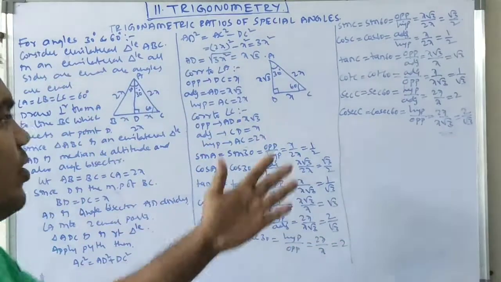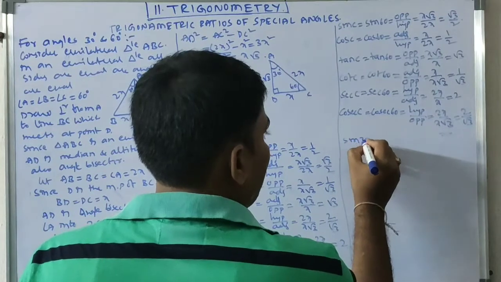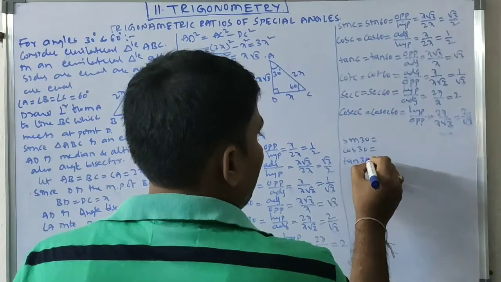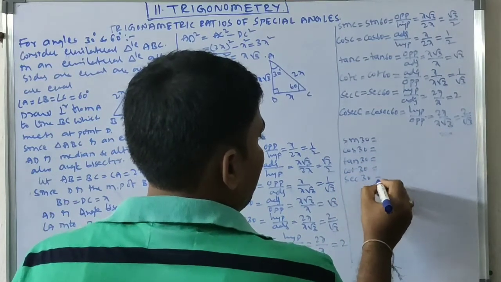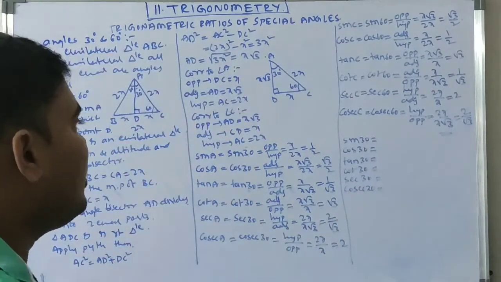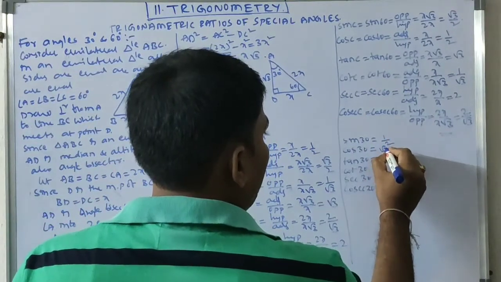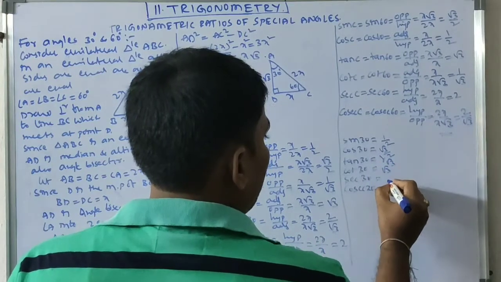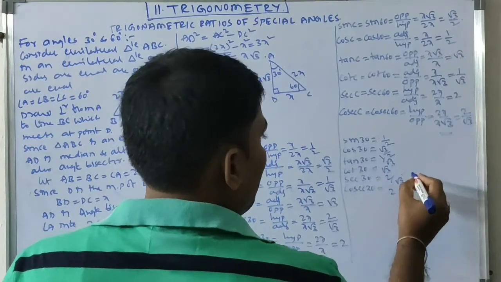So these values we got, I want to write in order. Sin 30, cos 30, tan 30, cot 30, sec 30, cosec 30: these are the 30 degrees values. 1 by 2, root 3 by 2, tan 30 is 1 by root 3, cot 30 is root 3, sec 30 is 2 by root 3, cosec 30 is 2.